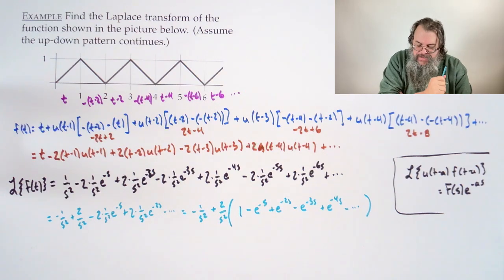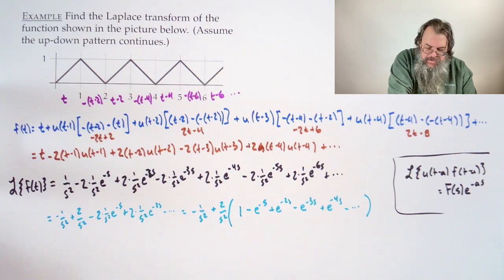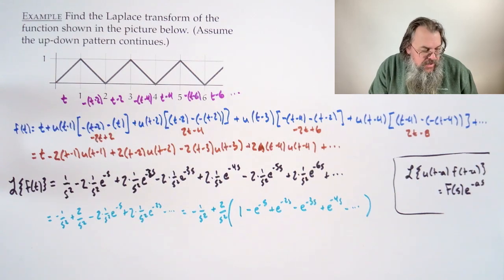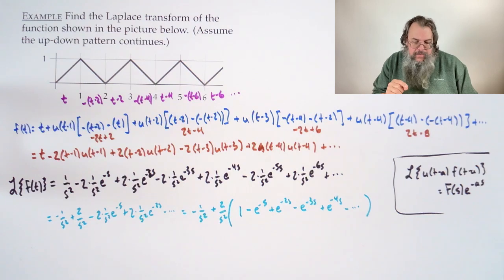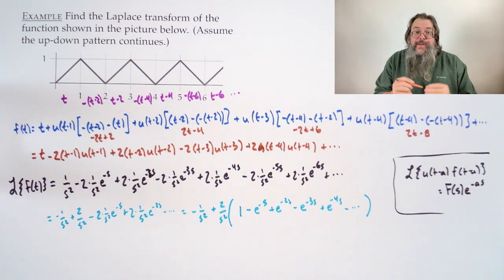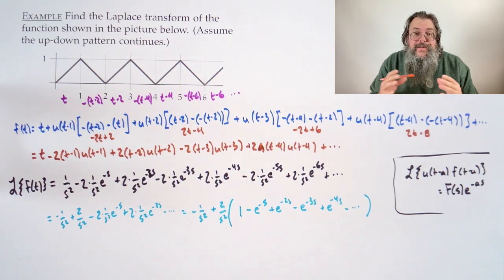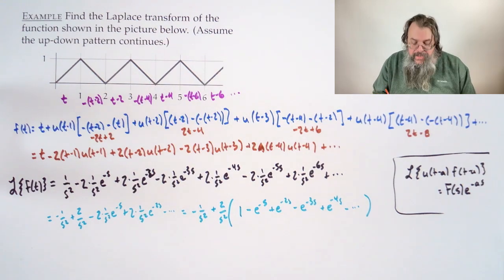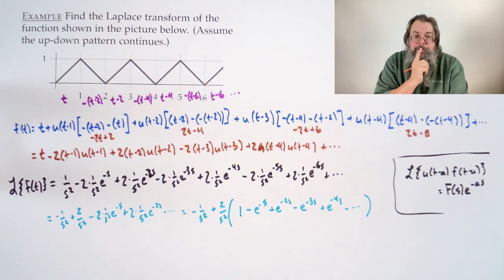notice something here. This can actually be rewritten yet again. And I know, you're like, Steve, you're always doing that, right? We're always rewriting things. Well, yeah, because that's how math works. You keep rewriting things until things get simple.